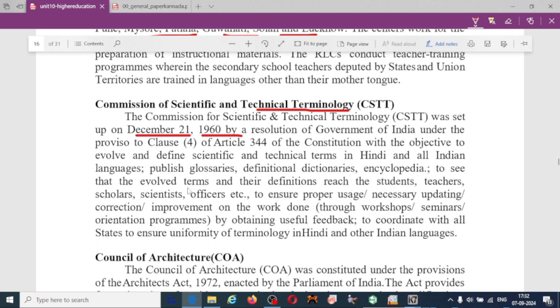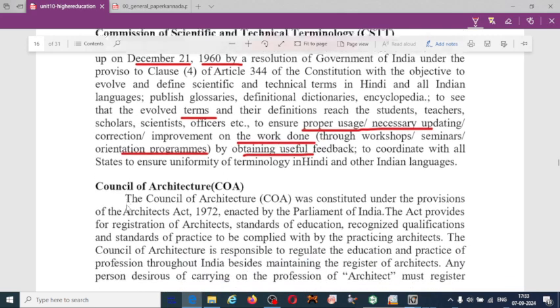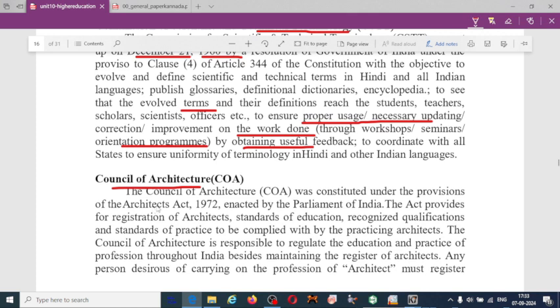Its work is to see that the evolved terms ensure proper usage, necessary updating, correction, and improvement on the work done through workshops, seminars, and orientation programs by obtaining useful feedback. So it all overall depends upon the performance of the institutes. Council of Architecture, COA, was constituted under the Architects Act 1972.